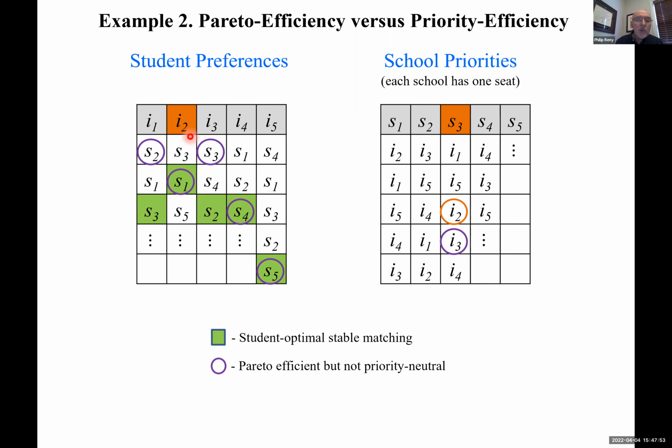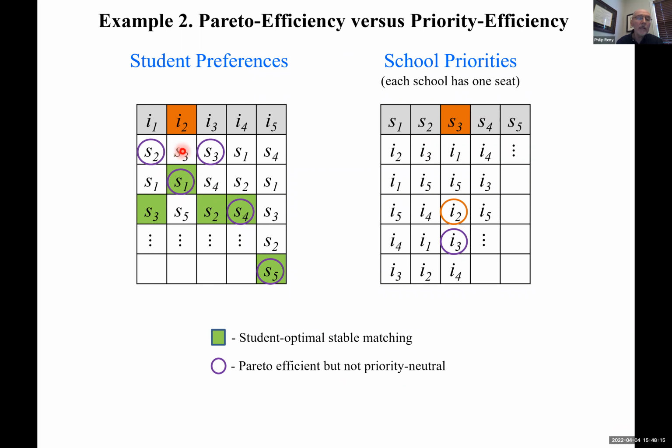So student 2, her priority is violated at school 3 in this Pareto efficient matching, the circled purple one. So in order to show that this circled matching is not priority neutral, it's enough for me to show that I can make student 2 better off.